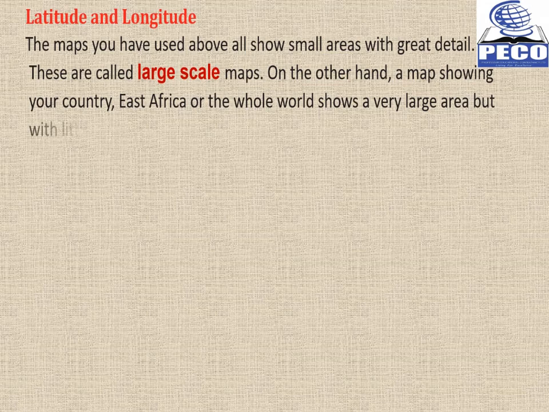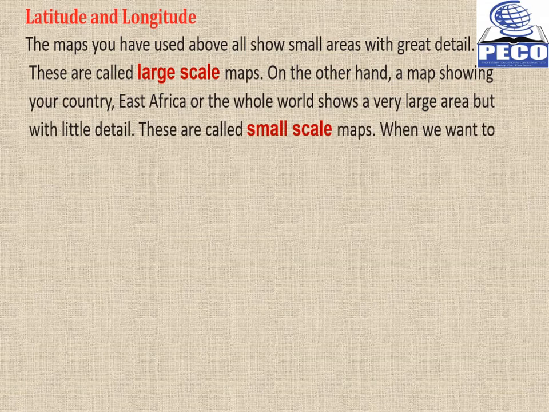And these show a relatively larger area, so that the information they put there is little. They are not as detailed as the topographic maps. They will not put where you find a church. They will not put where you find a school.